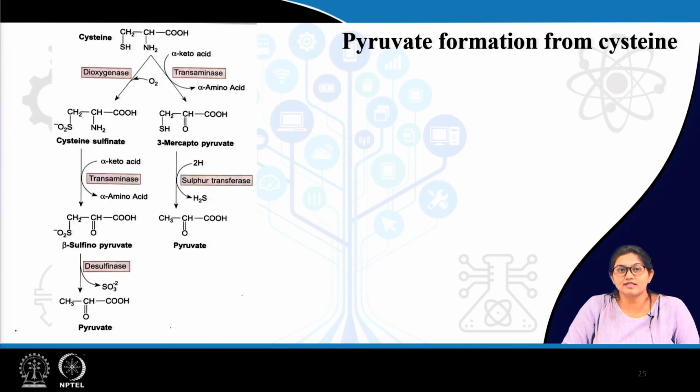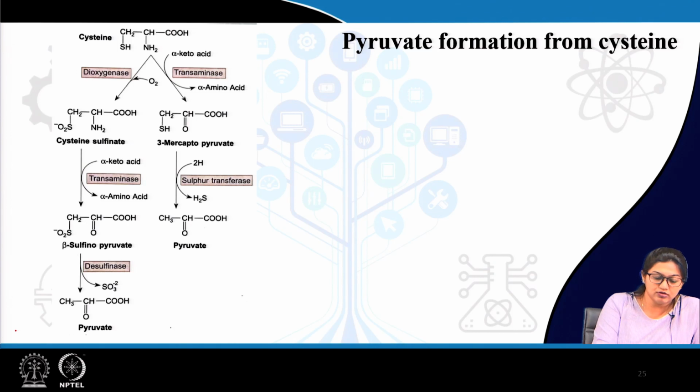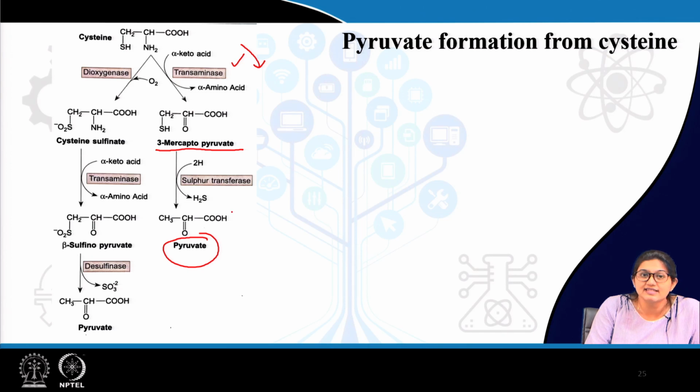Pyruvate can be formed from cysteine via two different series of reactions. Here you can see in this pathway there is transamination to form 3-mercaptopyruvate, which finally forms pyruvate via donating the sulfur as H2S. The other variety, which involves the enzyme dioxygenase, is the major variety.